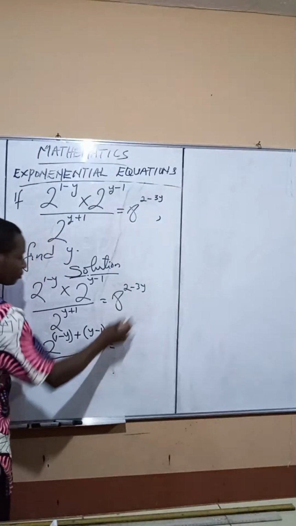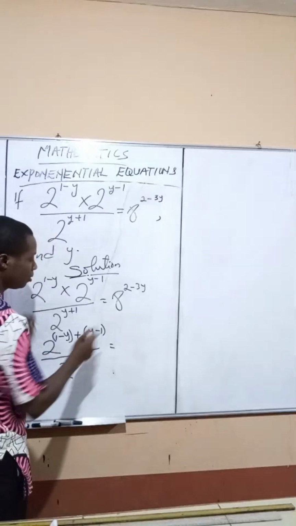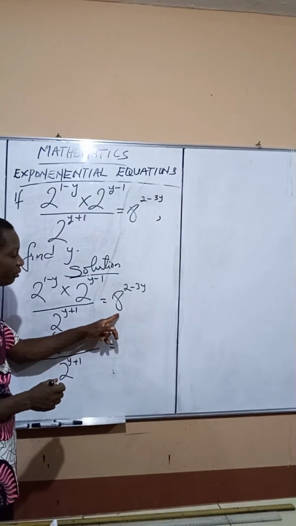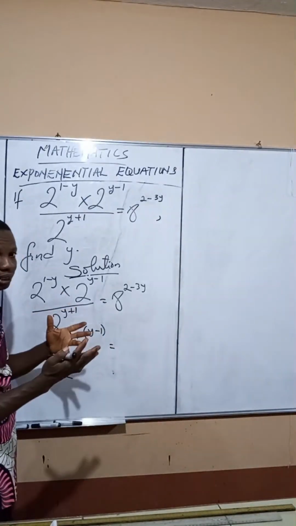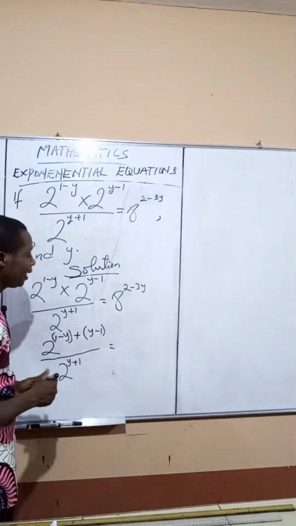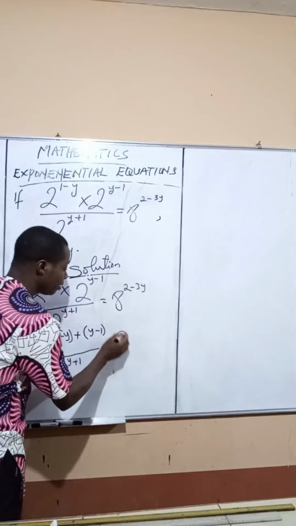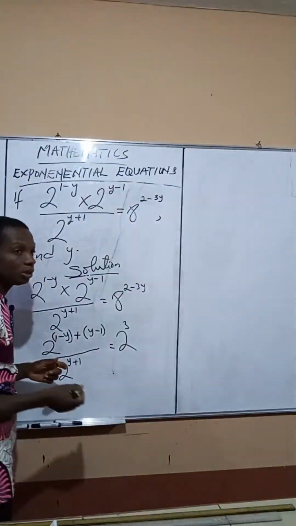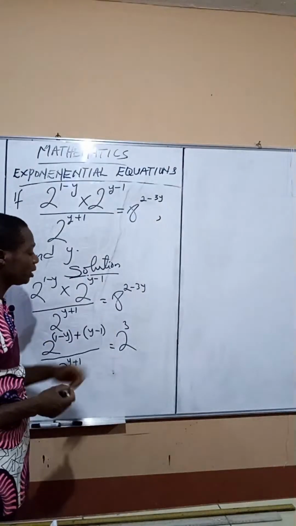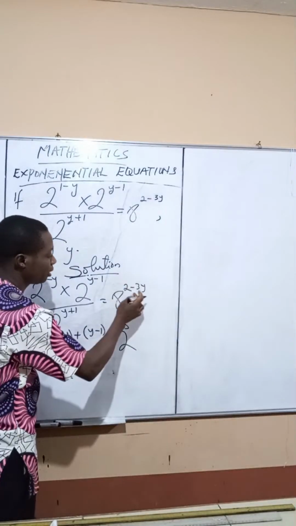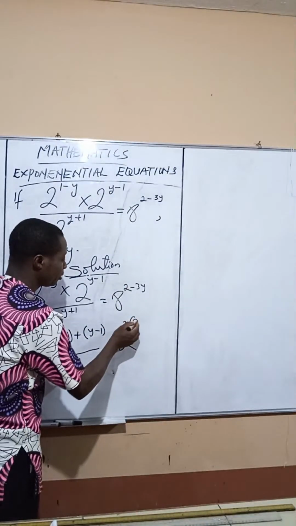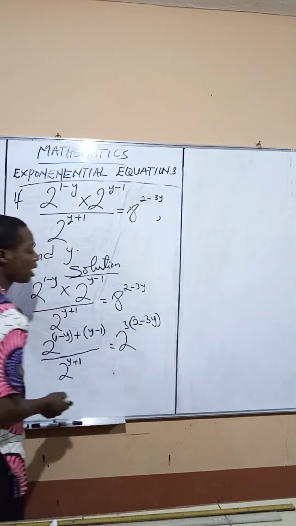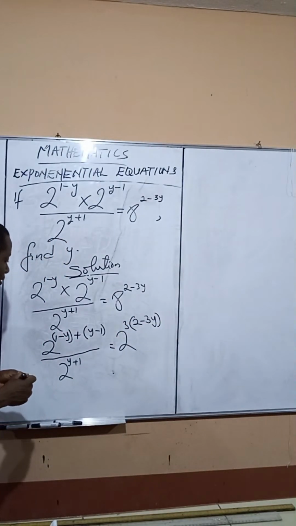And that is equal to, at this point, we are also going to look for a number that raised to a particular exponent gives 8. We have gotten before that the answer is 2 raised to power 3, because 2 times 2 is 4, times 2 again gives us 8. Then also remember this, we have 2 raised to power minus 3y.